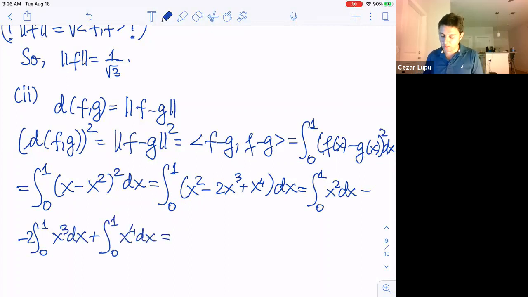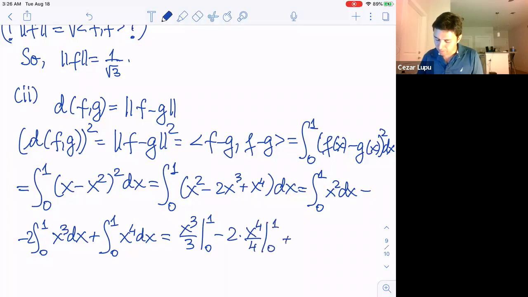This equals x cubed over 3 from 0 to 1, minus 2 times x to the 4th over 4 from 0 to 1, plus x to the 5th over 5 from 0 to 1.